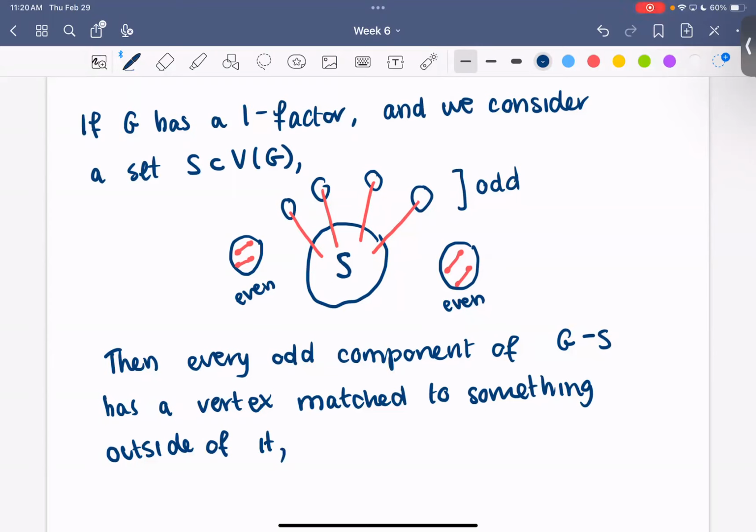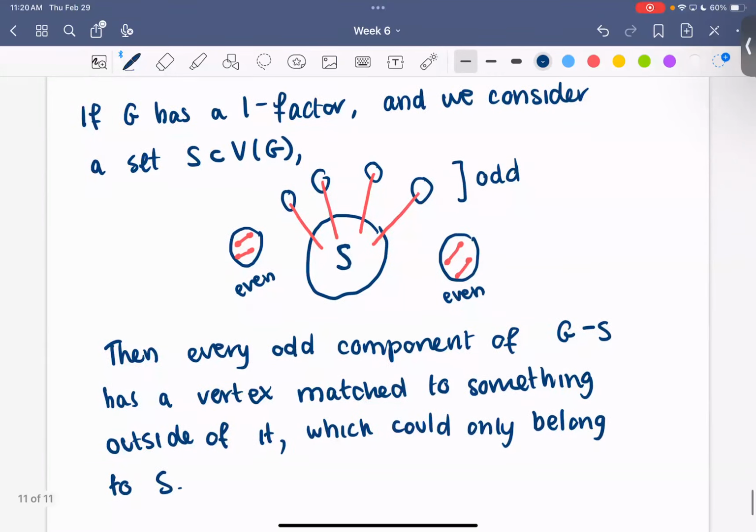And where could it be matched to? This has to be something in S. So we're assuming that we have a one factor. I'm kind of conflating the one factor and matching.